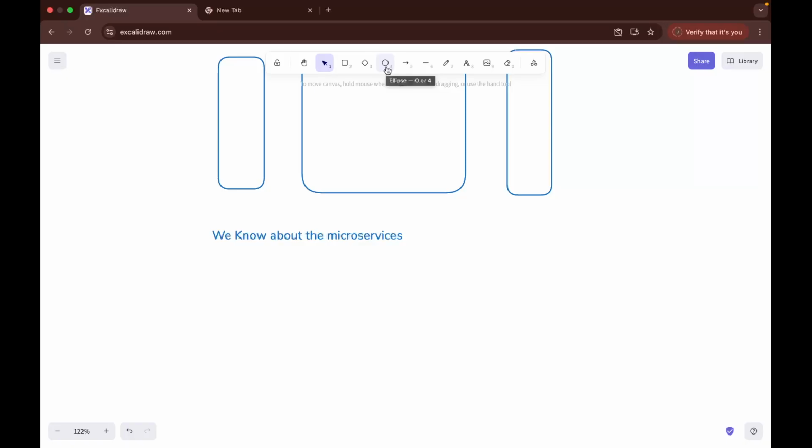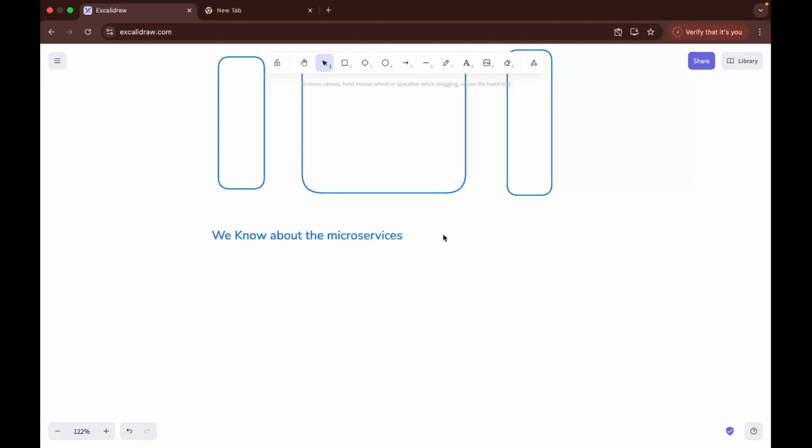So what is microservices in Java? Microservices in Java is an architectural approach where an application is built as small, independent and loosely coupled services.